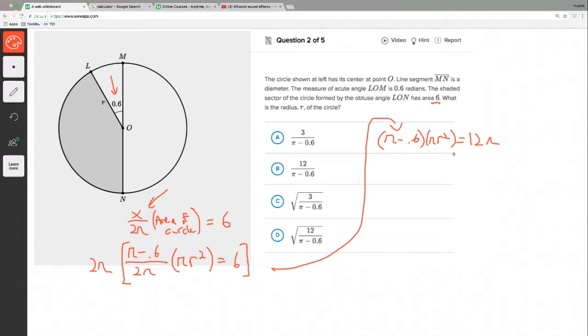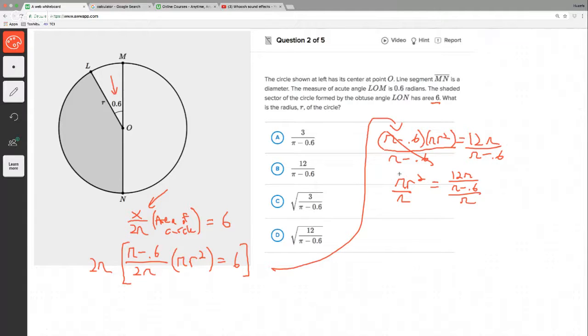Actually no, let's divide both sides by pi minus 0.6. That goes away. Now we've got pi r squared equals 12 pi over pi minus 0.6. Now that we have that, we can divide again by pi.